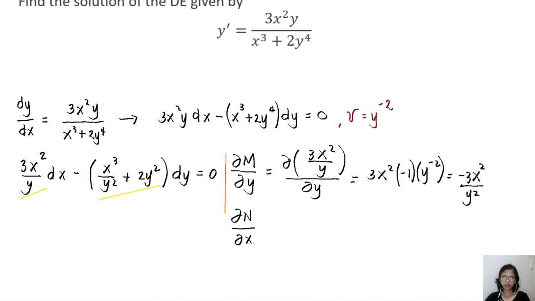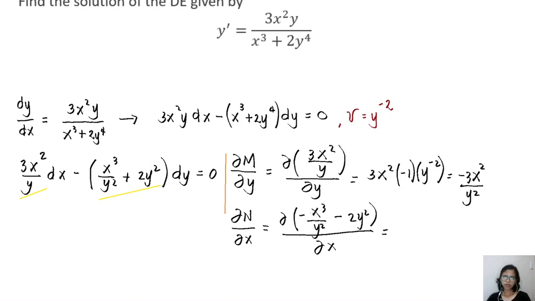So we are checking right now the exactness of this new differential equation, which is the partial derivative of negative x cubed over y squared minus 2y squared with respect to x. So in this one, y is constant.